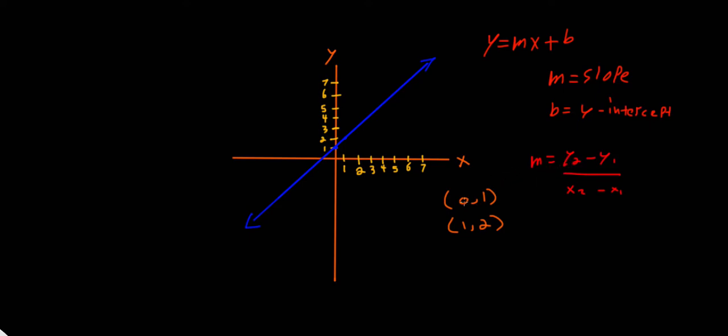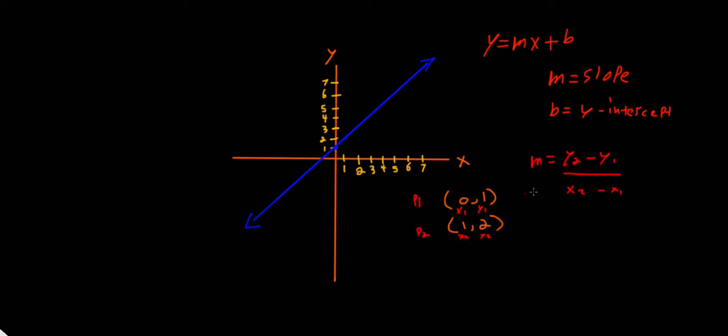Let's just call this point 1. So we're going to call this x1 and y1. Let's call this point 2, so we're going to call this x2 and y2. This is just the x-coordinate of the point and the y-coordinate of the point. The first point, we call x1 and y1. The second point, we call x2 and y2.